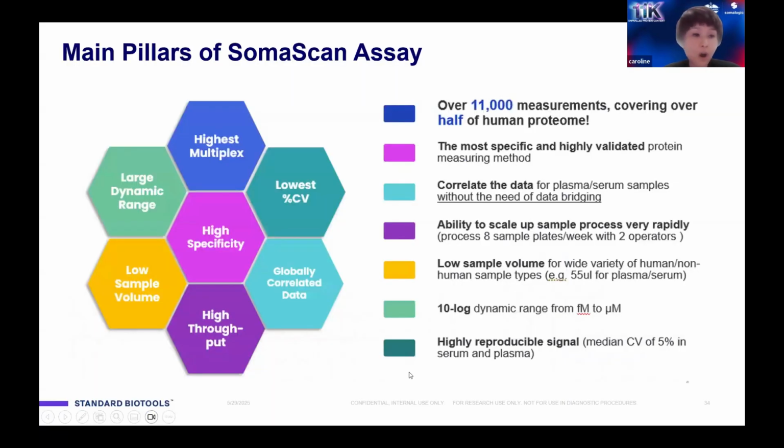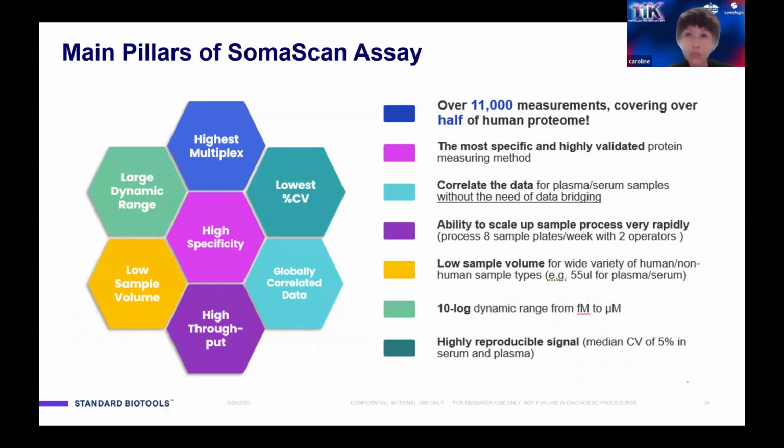The key differentiator of the SomaScan assay is, firstly, the number of targets that we are able to detect. Our current 11K menu covers over 50% of the known human proteome. The other key advantage is the ability to correlate your data for plasma and serum material without the need for bridging samples.